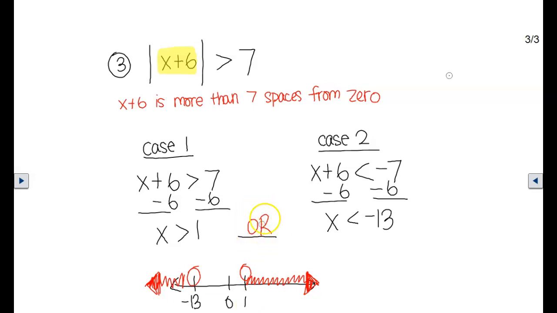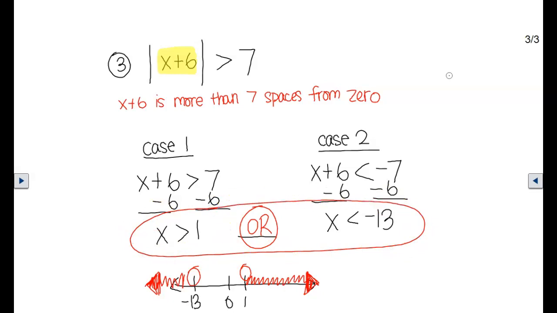Now that right there is super important to me. When you get your final answers on these and you have solved your 2 cases, I want you to tell me if this is an and problem or an or. So this right here that I'm circling, that is the solution I would want to see on your paper.